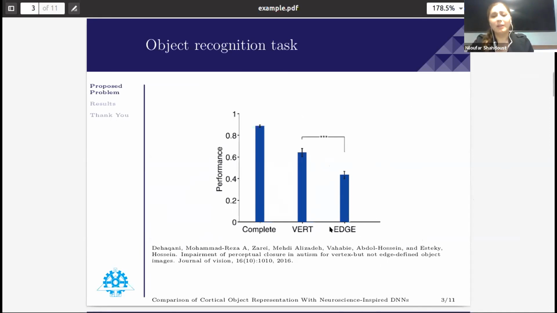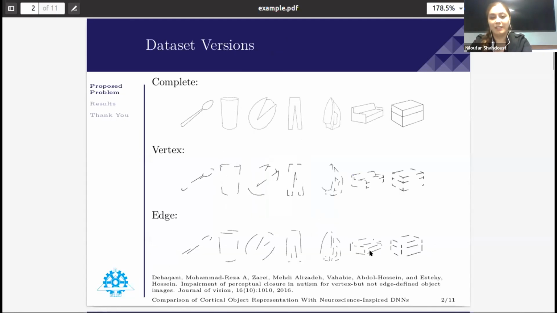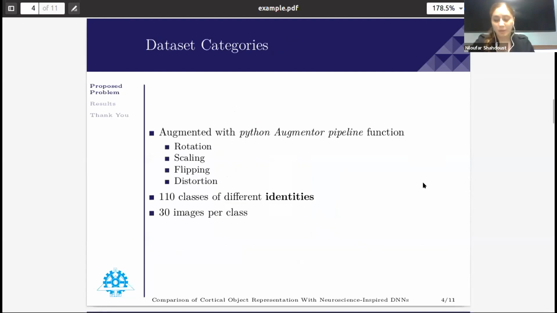At first, by going through the literature, we expected that the deep neural networks would have higher performance on images that had edges and didn't have vertices. I mean, these kinds of images. In order to do this, I had to create my dataset.